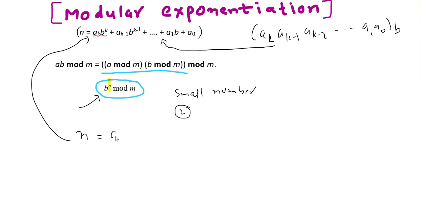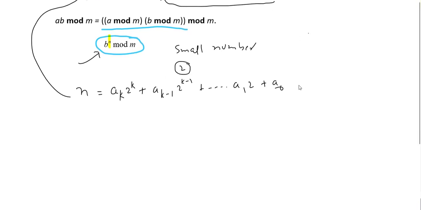So this will become a_k times 2 raised to the power k plus a_(k-1) times 2 raised to the power k minus 1, so on to a1 times 2 plus a0. Therefore, using this value of n, the modular expression b raised to the power n will be equal to b raised to the power of this whole thing.